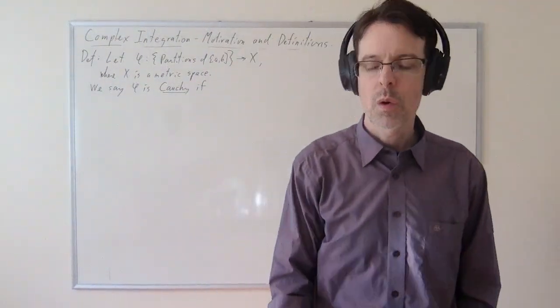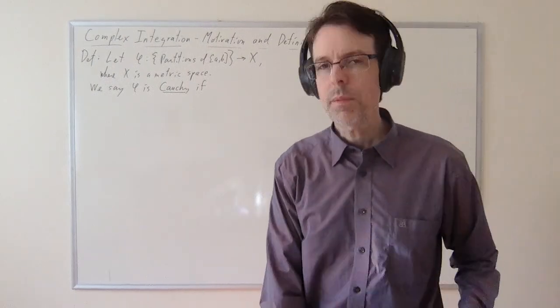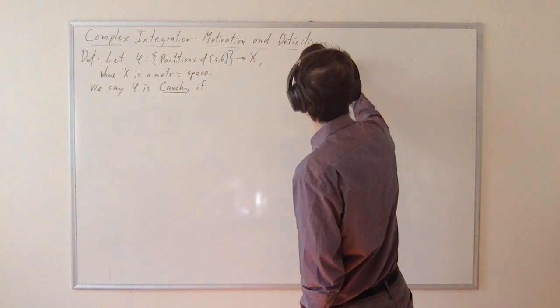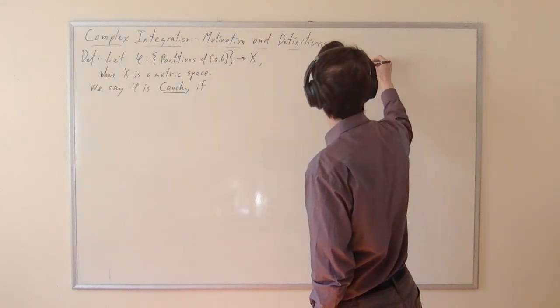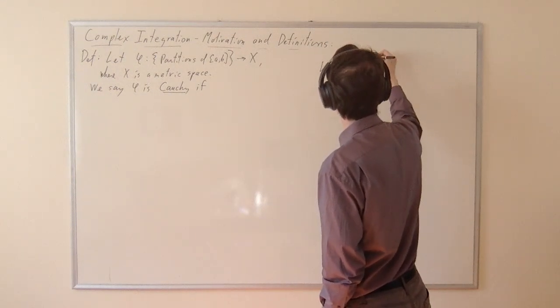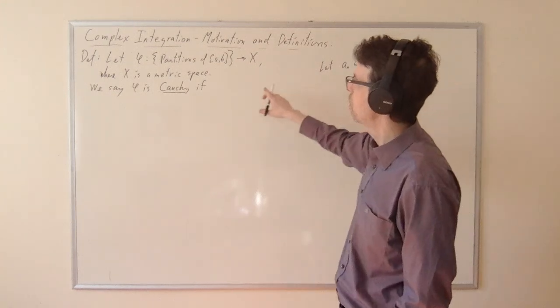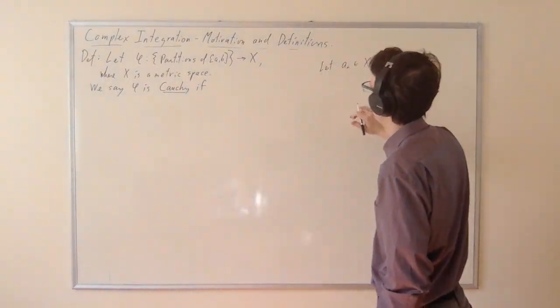Phi is analogous to a sequence, and this is going to be analogous to the Cauchy criterion for sequences. Let's remind ourselves briefly what the Cauchy criterion for sequences is. Let a_n be in, say, a metric space X. This has a different notation from phi of P, but it's basically the same idea.